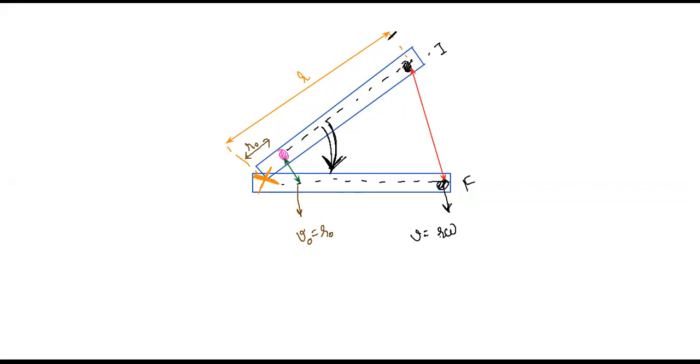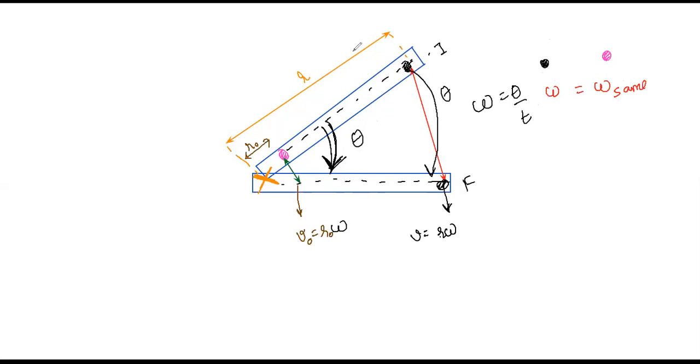Omega should be same. Why? Because whether you talk about the black point or the pink point, both points have covered the same angle in the given time. So the omega value is same for the black point and for the pink point.